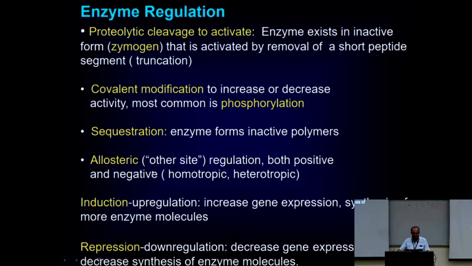The fourth type here, allosteric regulation, is absolutely very important. Allosteric regulation is where a small molecule, typically an organic molecule, that is distinct and different from the substrate for that enzyme, binds to the enzyme at a site distinct from the substrate binding site.